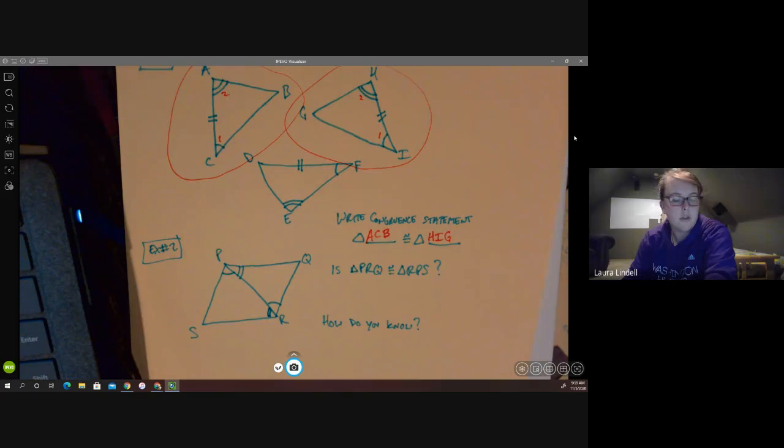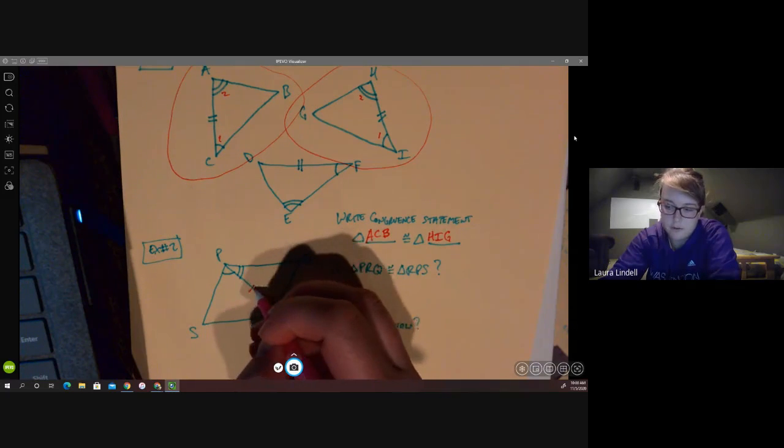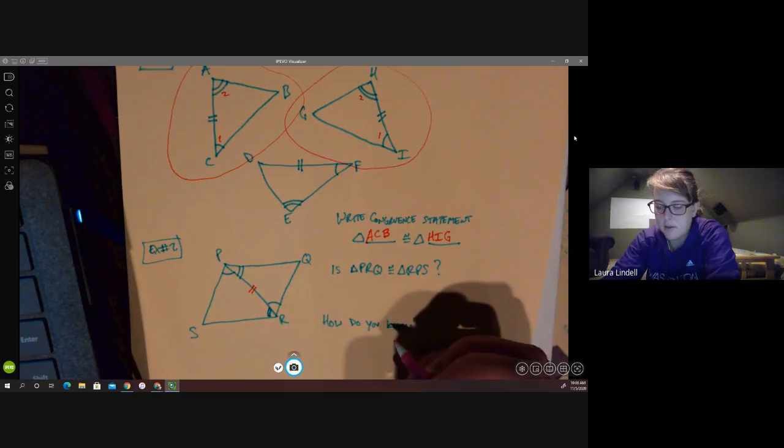So this is another one of those ones, kind of like the ones that we did on, I believe it might have been Monday, where you have to take a look at it and go, okay, is there anything else that I need to label? Do they share a side? Is there vertical angles? What's going on here? And in this case, they are sharing a side, particularly this one.